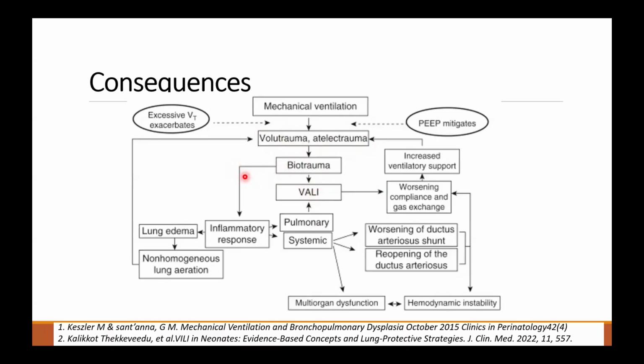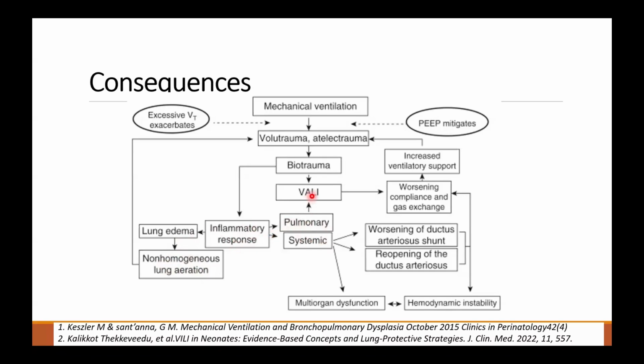And these inflammatory mediators can cause lung edema due to increased capillary leak and fluid in the interstitium, which would be ultimately leading to non-homogeneous lung aeration. And the inflammatory response, as I discussed in my previous slide, could be pulmonary and systemic.